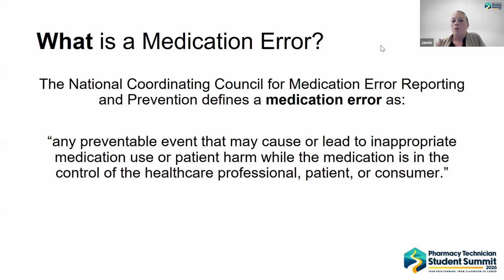So it's our role to make this avoidable. The healthcare professional stage of things is pretty straightforward. While it is still in the hands of the professionals, we want to do everything we can to reduce the chance of error occurring.